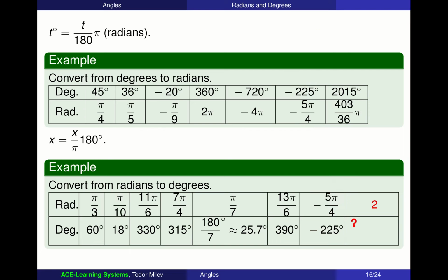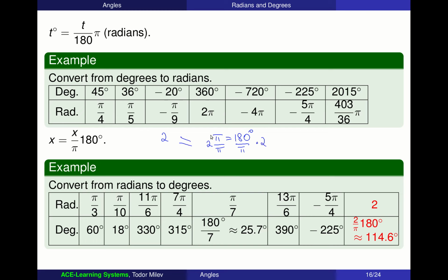And finally, 2 radians, what amount of degrees is that? Okay, this is a tricky question. If we were to follow the formula, we need to use 2 radians. If pi radians are 180 degrees, then to get to 1 radian you'd have to divide by pi, and you'd have to multiply by 2 if you want to get to 2 radians, right?